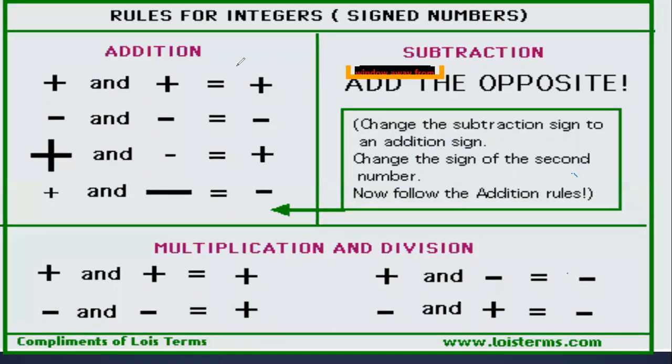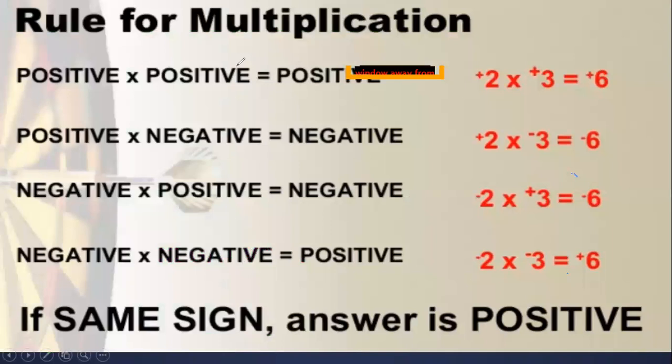These are some examples where we use the rules. For example, positive 2 multiplied by positive 3 gives positive 6. Positive 2 multiplied by negative 3 gives negative 6. A negative times a positive gives a negative, and a negative times a negative gives a positive. To summarize, for multiplication and division, if the signs are the same, the answer is always positive.